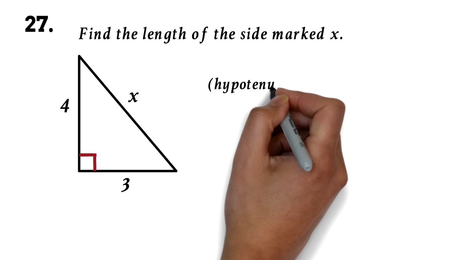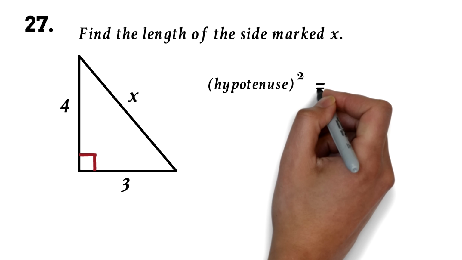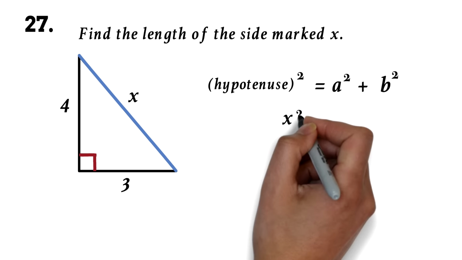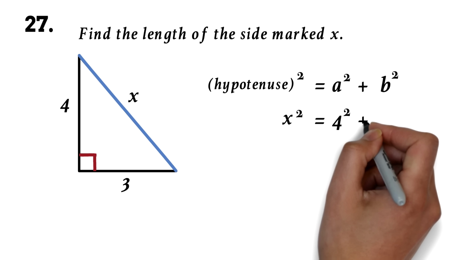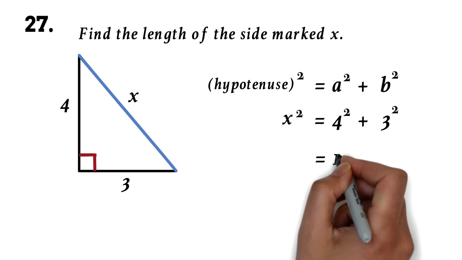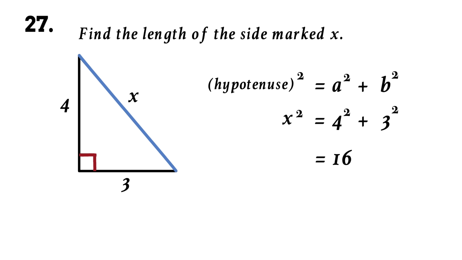Hypotenuse, which is the long side, squared, equals a squared plus b squared, where a and b are the two other sides. Here, the long side, or hypotenuse, is what we are finding. So we have x squared equals 4 squared plus 3 squared. 4 squared is 16, and 3 squared is 9.